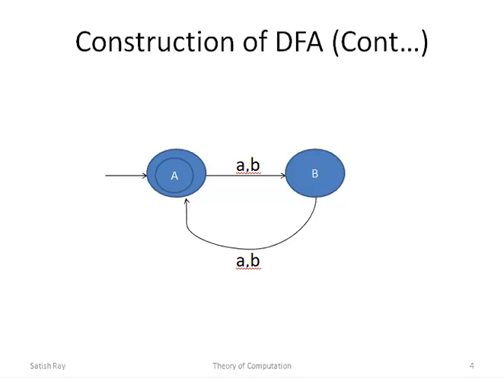Now for input string of length 2, either we can add more state like state C, or we can make DFA like this, because if we try to add more state, the number of state will be infinite.